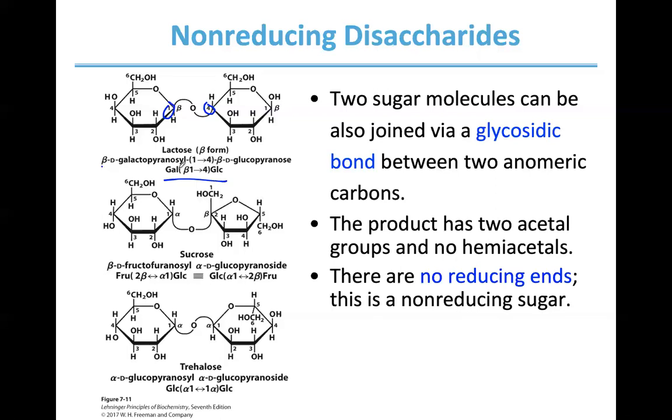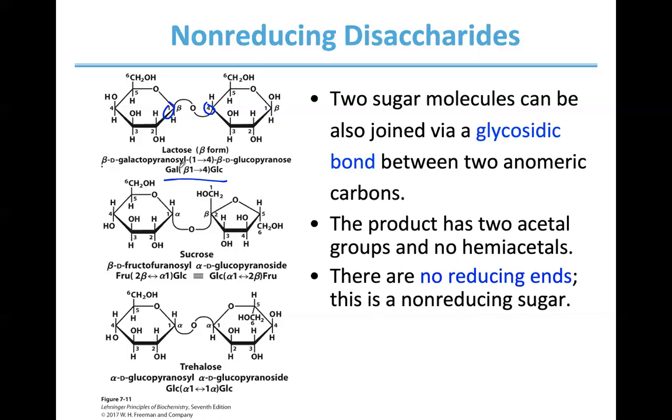And lactose, where do you find lactose? In milk. In milk, that's right. I will talk a little bit more about this when we talk about cellulose and starch.